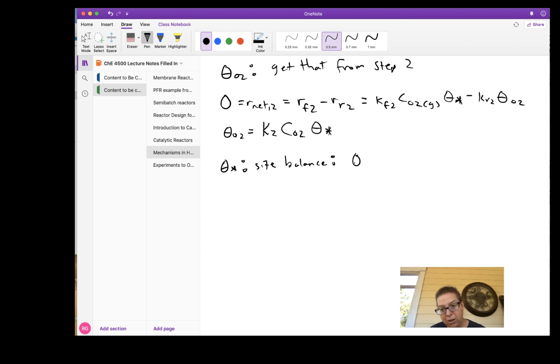So theta star, I know from the site balance, is equal to 1 minus theta NO minus theta O2 minus theta O, minus theta NO2. That's all of them, right? So that means if I can come up with expressions for theta NO, theta O, and theta NO2, I can get my free site coverage. So now I have to get all of those values.